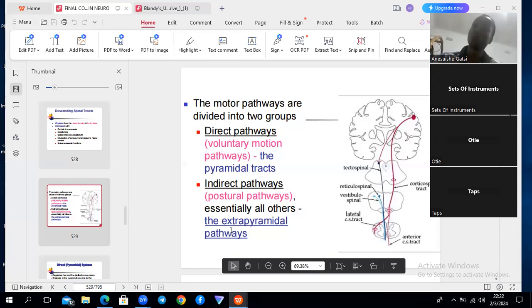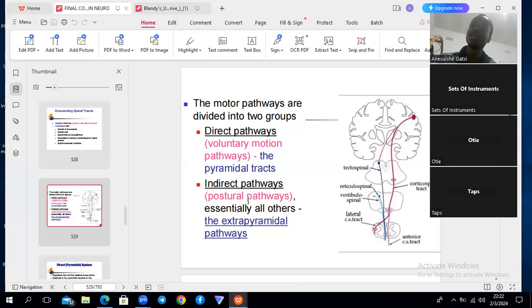What do extrapyramidal pathways do? They influence posture. They influence the muscles. For example, even the flexor muscles, I'm going to talk about a rubrospinal tract coming from the red nucleus.